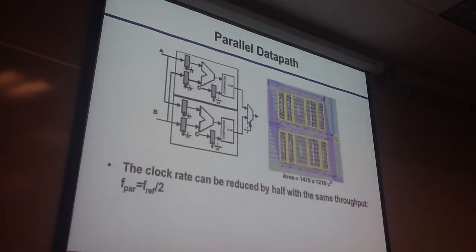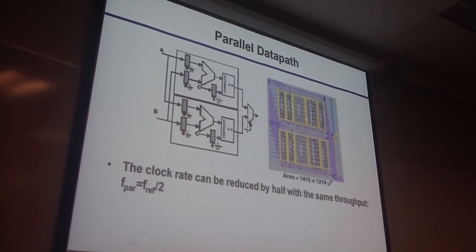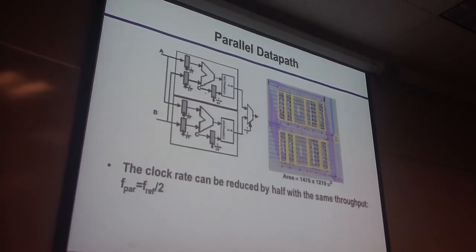Now, parallelism. One thing that you could do is basically double the data path. Again, this shows a layout of the area. So now you have 2 of them, adder and comparator, and at the end you put in a mux.